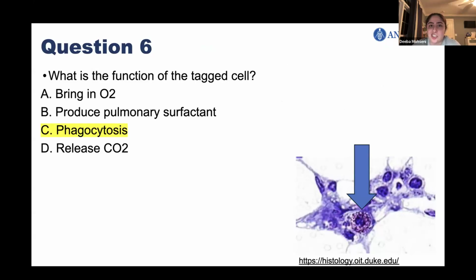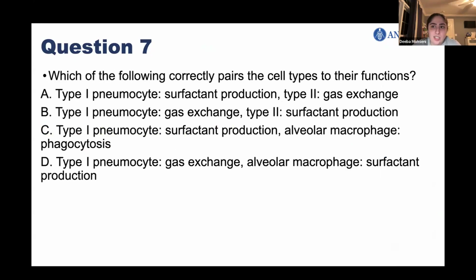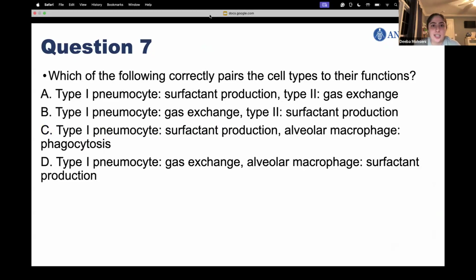Everything looks the same. But we will go through this. Yeah, let's do this question first, and then we will go back over questions 6 and 7 together. So for this one, we are going to figure out which one correctly pairs cell types with their functions.